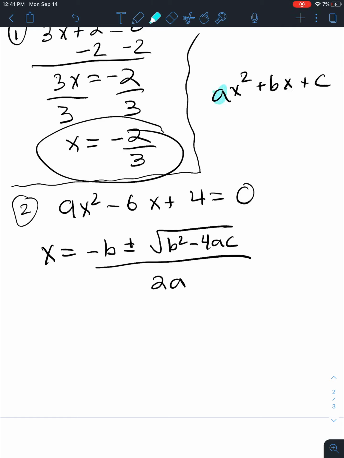These are where you're getting the letters from. So if we look at our example, we have a 9, we have a negative 6, and we have a 4. So a equals 9, b equals negative 6, and c equals 4. All I have to do is substitute everything in.